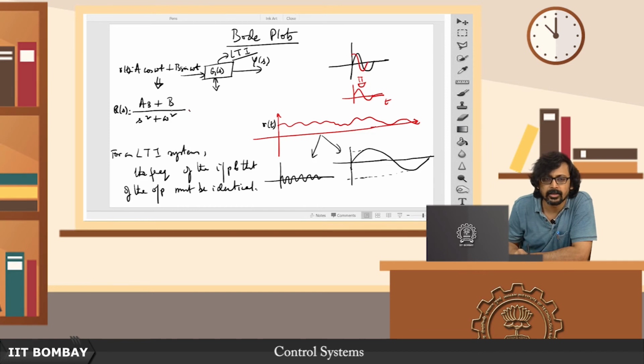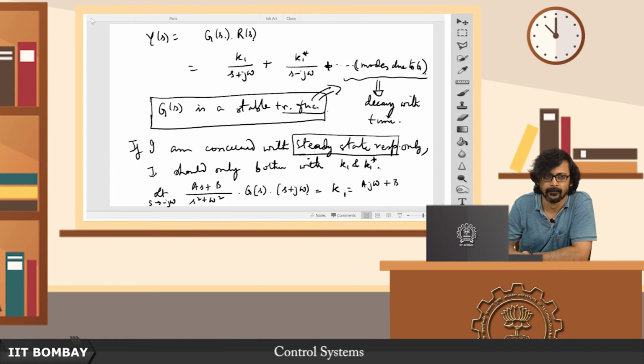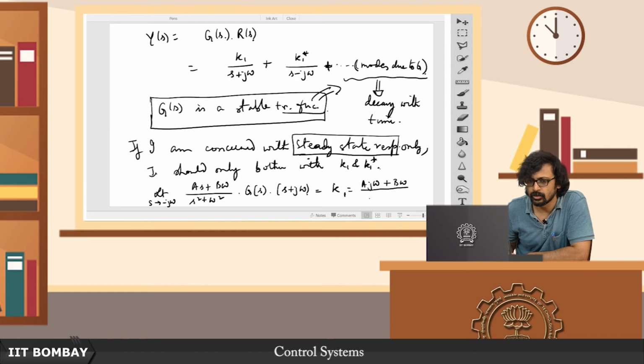I think I missed a trick here. It's going to be b omega, no? Because it's sine, so this omega must come here. Yeah, that's what was looking a little off to me. So this is going to be omega (a j omega plus b omega), and this is going to be divided by minus 2j omega. You can check, this s plus j omega cancels out the s plus j omega from the denominator, and you're left with only s minus j omega.